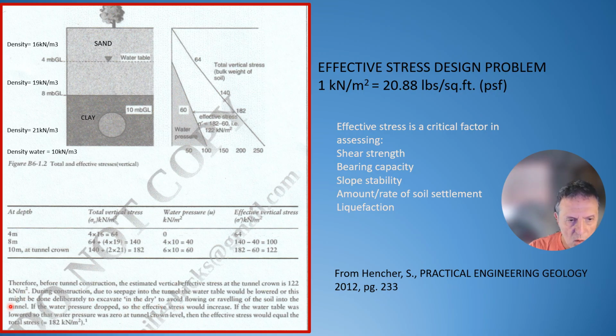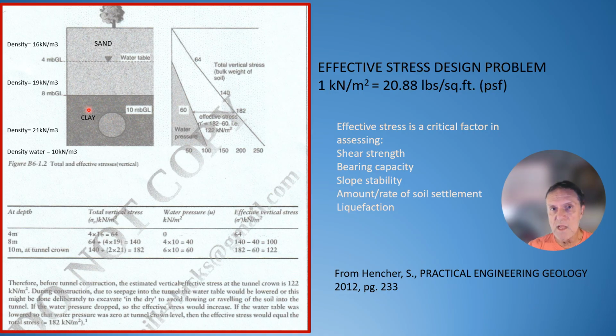The water table is lowered, done deliberately. If the water pressure drops, so the effective stress would increase. If the water table is lowered, the water pressure would equal the total stress of 182. So if you drain all the water out, the total stress increases at this point. If you let the water come in, the total stress would decrease, taking into account the effective stress.